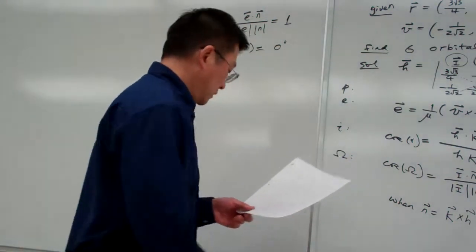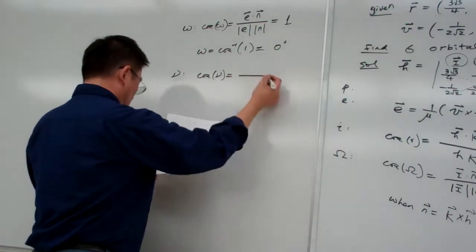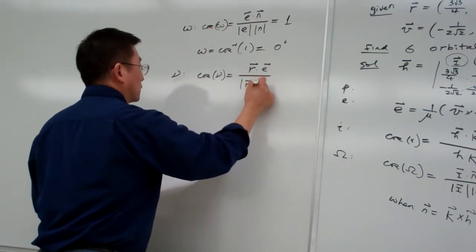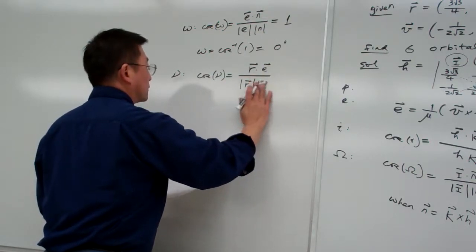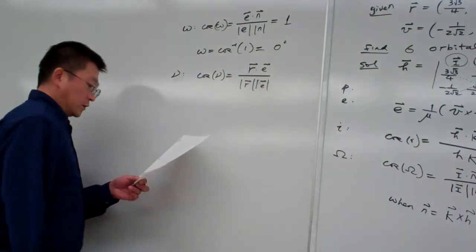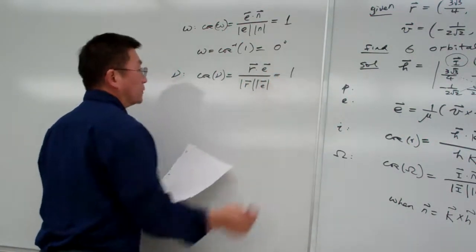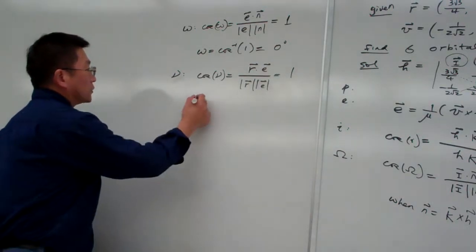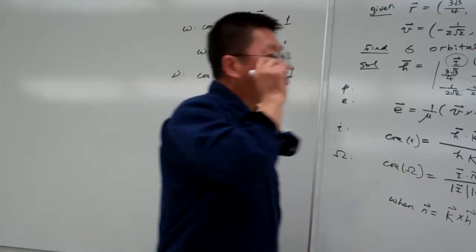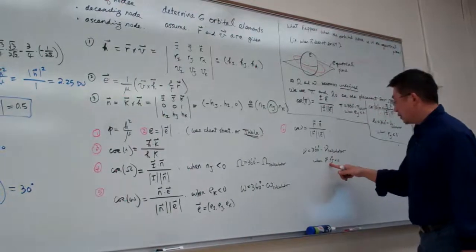So the last one we determine nu, the true anomaly. The true anomaly is this: cosine nu equals r dot E over r E. Okay, we plug in everything here, then that is 1. So nu equals arccosine 1. And again, we need to take care of any special situations.